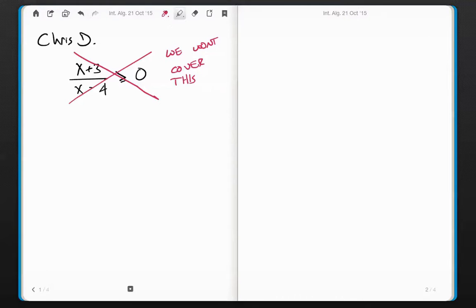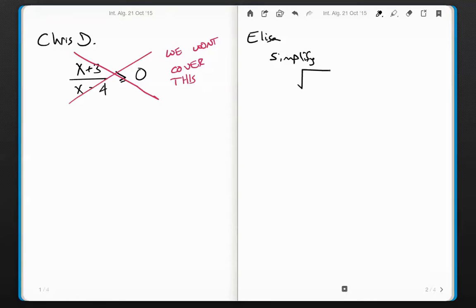All right. Number 2. The next one we had was from Elisa. And she gave me one that looked something like this. It was similar to simplify. Let's see, square root.